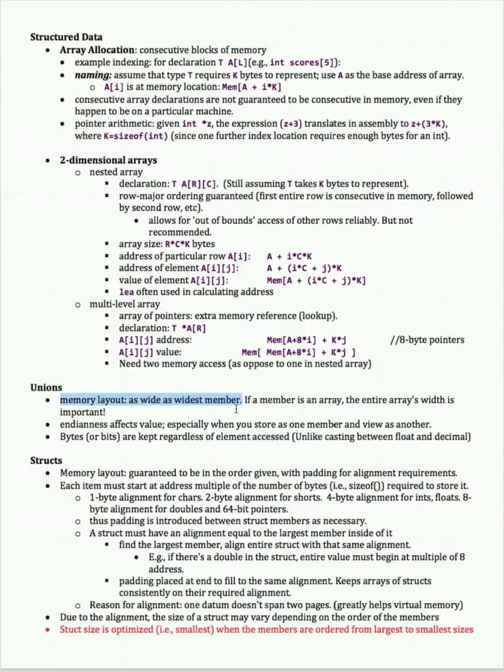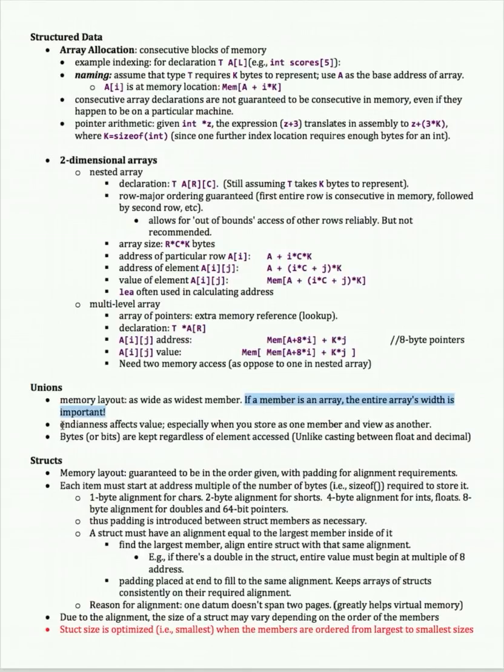One thing to note here is that if the member is an array, then the array size is the entire size of the array. So the entire array is a member, and the size of the entire array becomes the size of the union, if that's the biggest one.